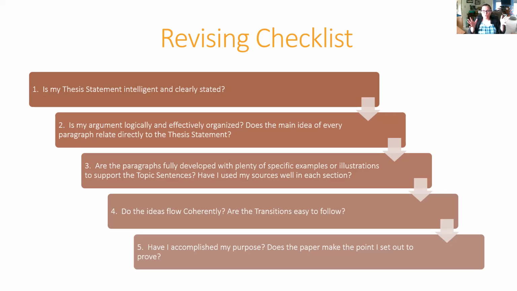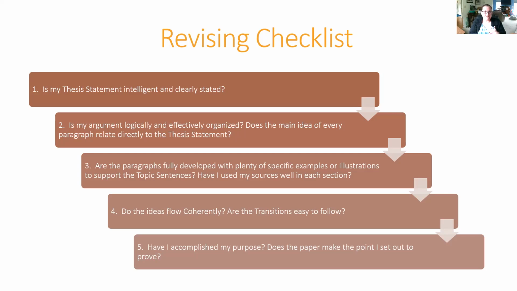Obviously, if you have a main point, like that first cause of nursing burnout you're going to discuss, if it takes you 4 paragraphs to fully develop that one first cause, do the main ideas of all 4 paragraphs directly relate to that one cause, which then directly relates back to your thesis statement, right?